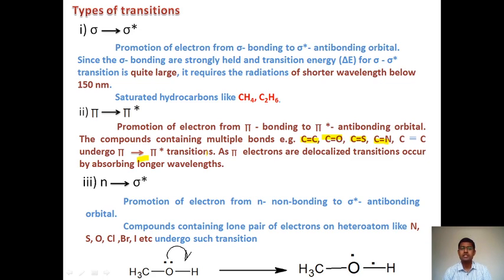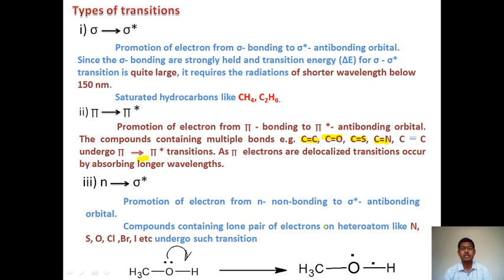Next comes the n to sigma star transition. Here, promotion of an electron from an n non-bonding orbital to a sigma star antibonding orbital occurs. Compounds containing a lone pair of electrons, that is usually a heteroatom containing a lone pair of electrons which are not used in bonding, have n non-bonding electrons.